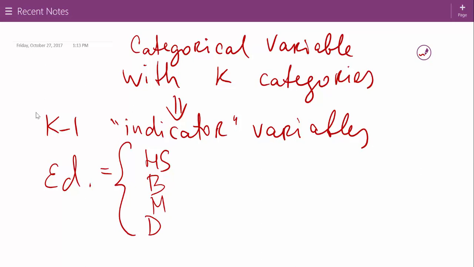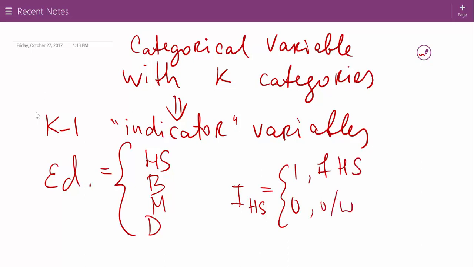So therefore, this is a categorical variable with K equals how many? 4 levels, right? 4 levels. So in order to represent these 4 levels, what I can use is 3 dummy variables or indicator variables. That's one of the practices, okay? So for example, I can say indicator variable I high school is 0 or 1. 1 if they have high school degree and that's it, or 0 otherwise. So if they have bachelor, master, or PhD, that's a 0, okay?